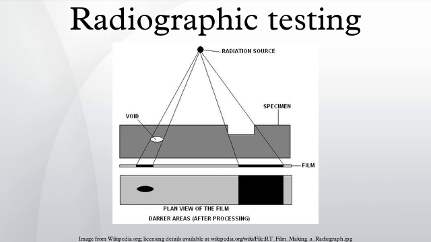ASTM International: ASTM E94, Standard Guide for Radiographic Examination. ASTM E155, Standard Reference Radiographs for Inspection of Aluminum and Magnesium Castings.